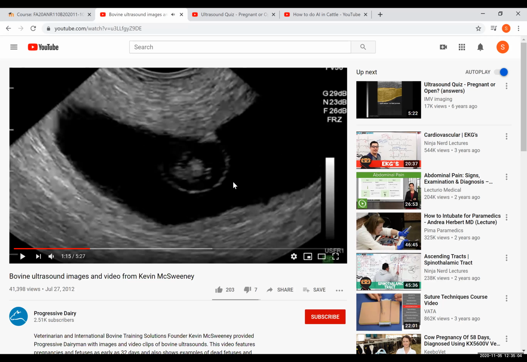Again, this is still the embryo right in the middle, and this is all fluid associated with the pregnancy.